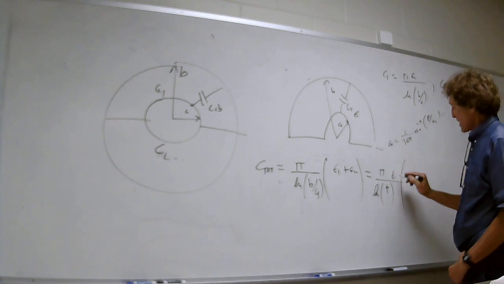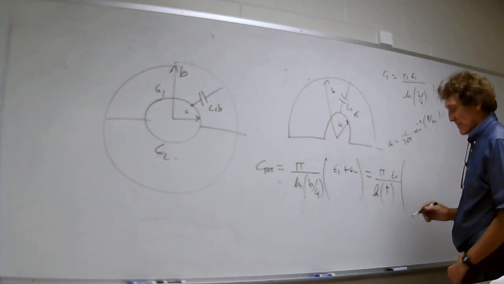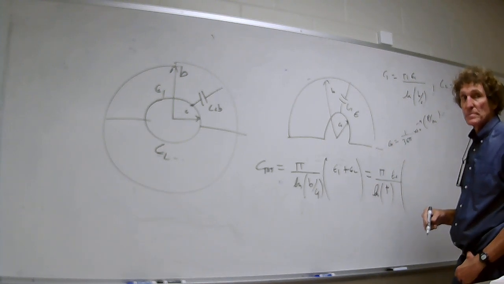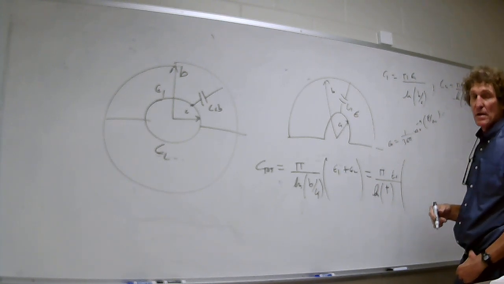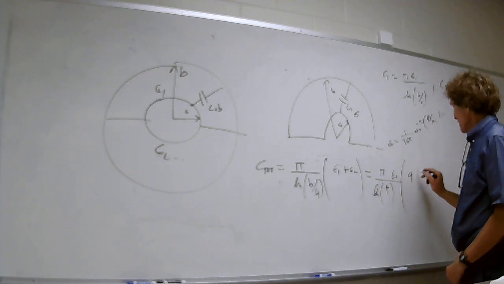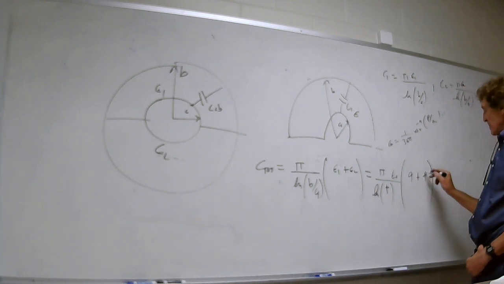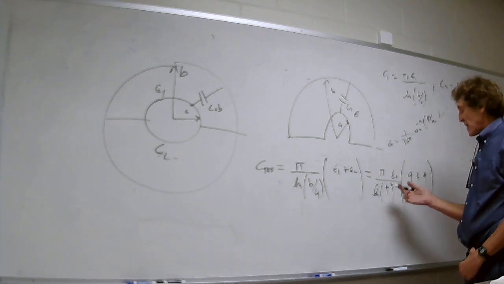So this is what epsilon naught will be. What is epsilon for 1/2 of that dielectric? 9 and 4. All right, 9 for half and 4 for the other. 9 plus 4, that's 13. So it's going to be 13 times epsilon naught times pi over natural log of 4.